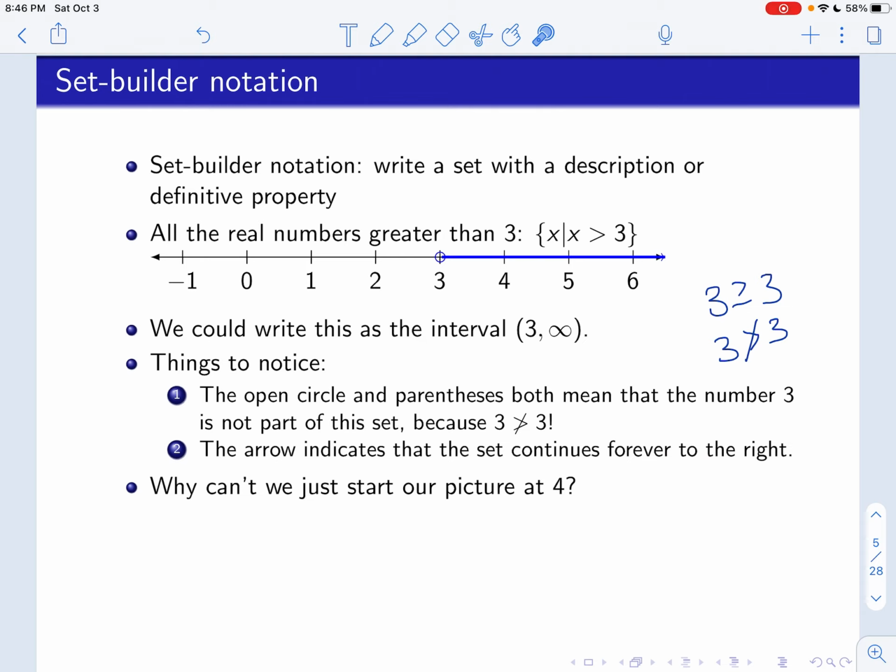Well, so if we wanted all the numbers greater than 3, why didn't we just start at 4? Because there's all these decimals in between 3 and 4 that are greater than 3. 3.5, that's greater than 3, so it needs to be part of our visualization of this set. What about 3.1? Well, 3.1 is greater than 3. So the open circle and the parentheses indicate that we're including all the numbers up to 3, but not including 3.